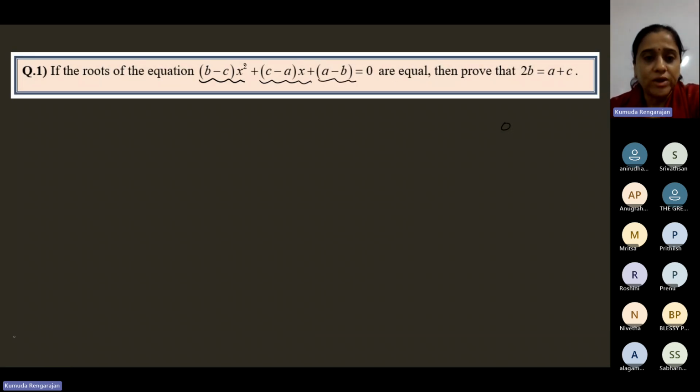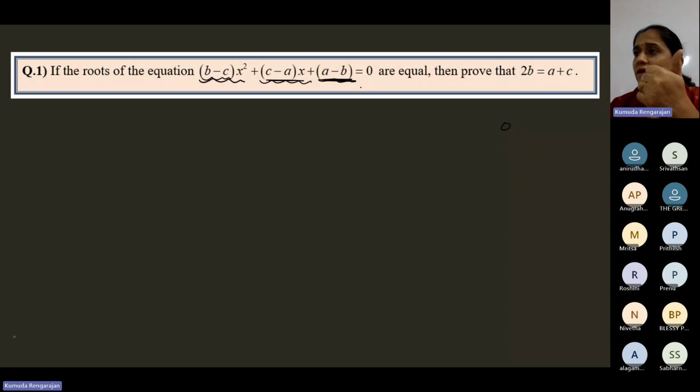The coefficient of x square is b minus c. The coefficient of x is c minus a. And yes, we can see the constant. That term without the x or x square is a constant. So the equation is already in the standard form because we can see three distinct terms, x square term, x term, constant.